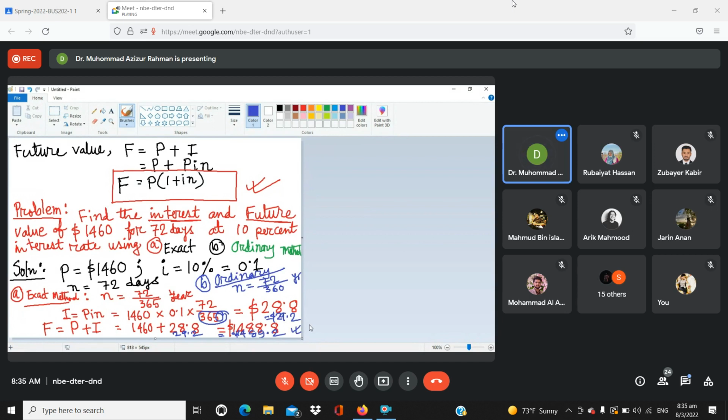So you can see the exact method gives 1488.8 and the ordinary method gives 1489.2. So actually the ordinary method gives more interest. So you decide which one is suitable for you.